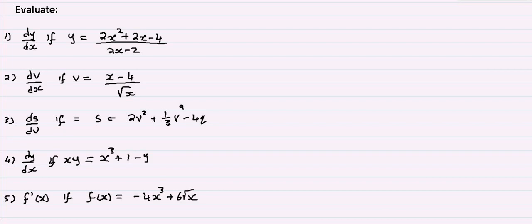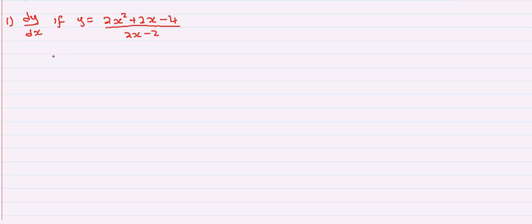Number 3, ds over dv if s equals 2v squared plus 1 over 3v exponent 9 minus 4q. And number 4, dy over dx if xy equals x cubed plus 1 minus y. Number 5, evaluate f prime of x if f of x equals negative 4x cubed plus 6 the root of x. So let's look at number 1.